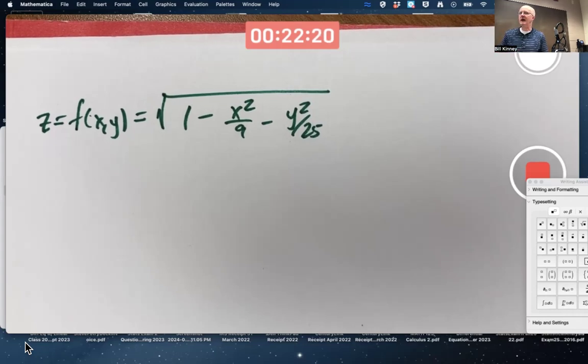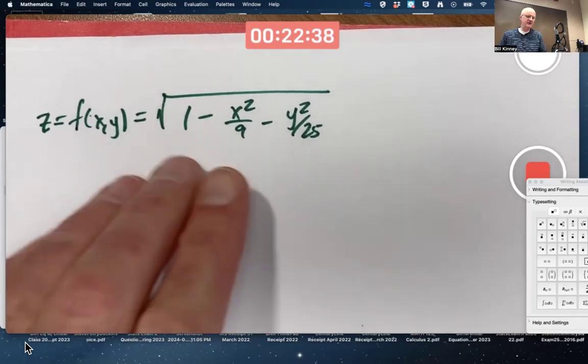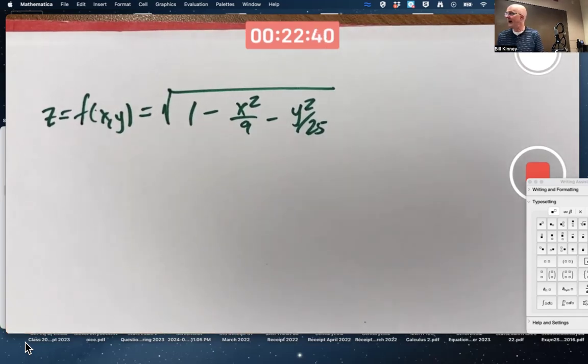We have to be a bit more careful about domains. When you say find maximum values, what domain are you talking about? If it's not specified, it's the maximum possible domain, the biggest possible subset of the plane on which this function is defined, getting you real outputs.